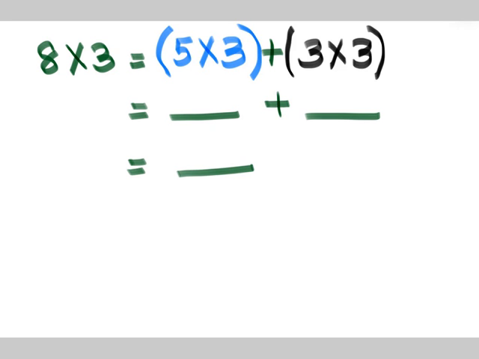Okay, now let us do this problem. 8 times 3, we have to find the value of 8 groups of 3 or 8 rows of 3. So 8 times 3 equals 5 times 3 plus 3 times 3. What is the value of 5 times 3? The value is 15. And the value of 3 times 3 is 9. 15 plus 9 makes 24.